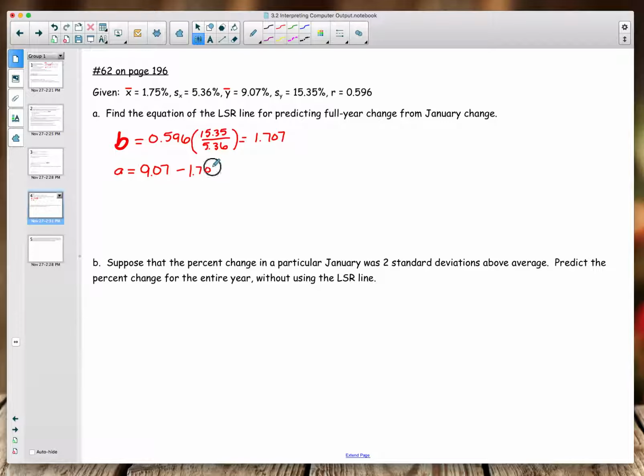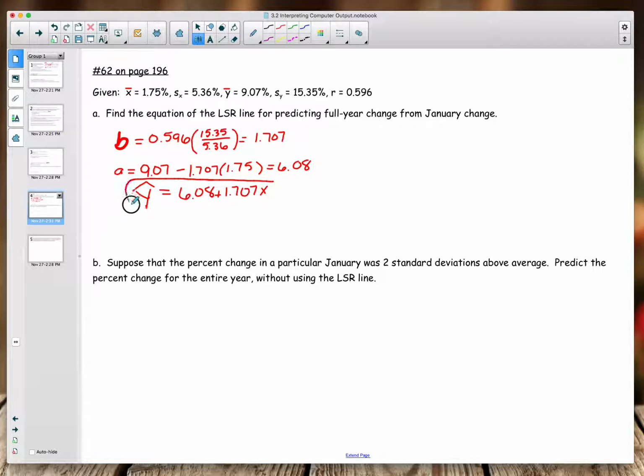So make sure you find B carefully, because if you can't get B, it's going to mess up A. And then times the mean of x, 1.75, which gives 6.08. Okay, so now we've got our B, we've got our A, and we can write our formula. So we have y hat is 6.08 plus 1.707x.